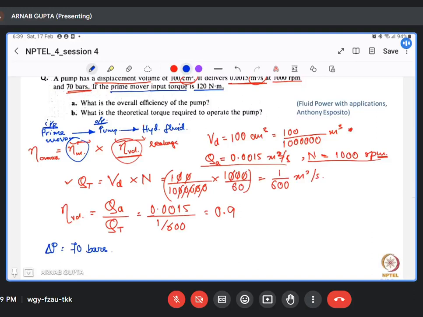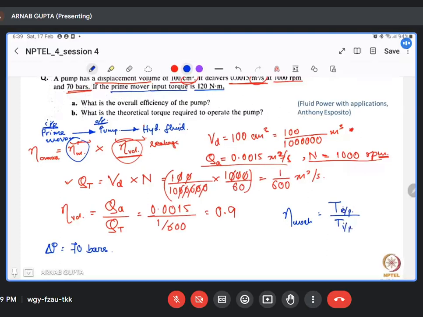I'm sorry. So basically, mechanical efficiency is nothing but, yeah, it's correct only. It's the output torque over the input torque, right?